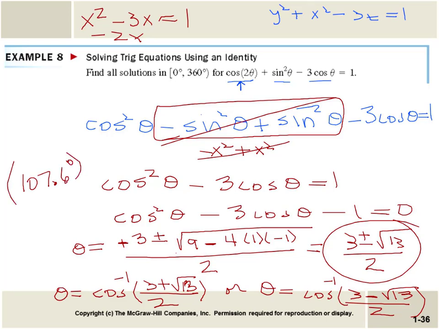Okay, let me just do it real quick to make sure. If it's less than -1 or greater than 1, it's not going to give you an answer, right? So it could be undefined.